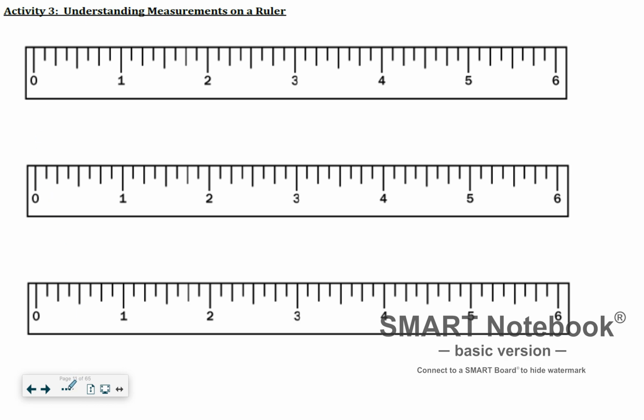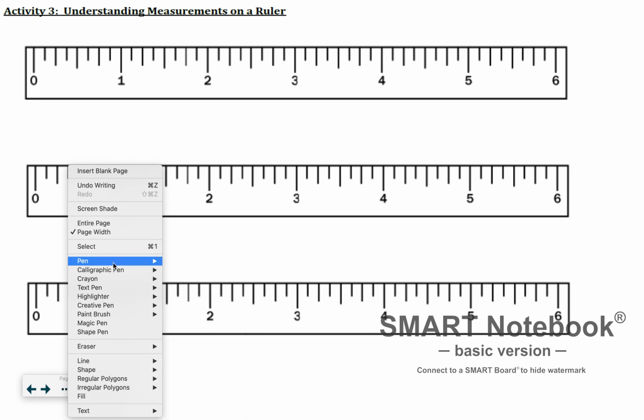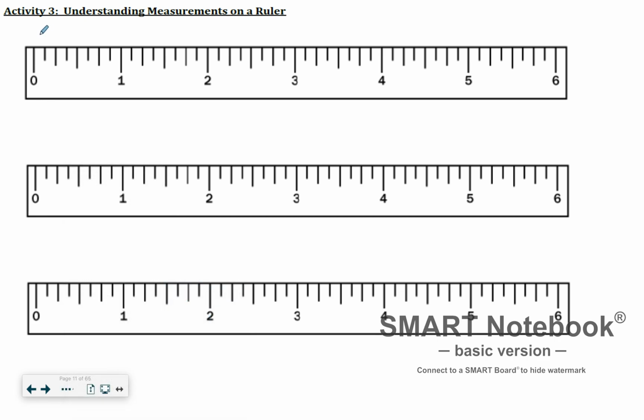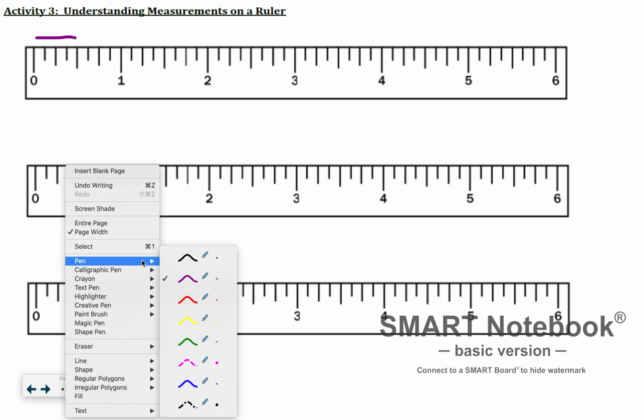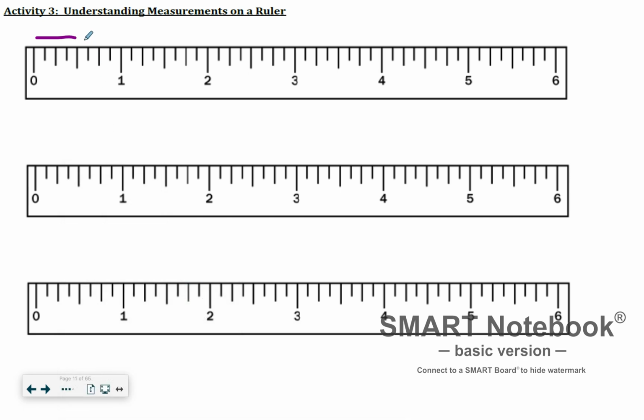So I'm going to show you what I mean. On our first ruler, our inch can be broken up into 1/2 an inch and 1/2 an inch. That means that this line represents 1/2 an inch. So it's not only with that inch.